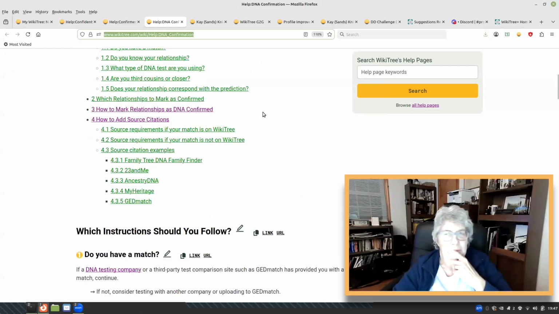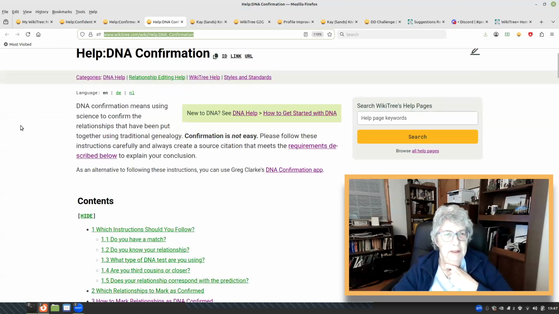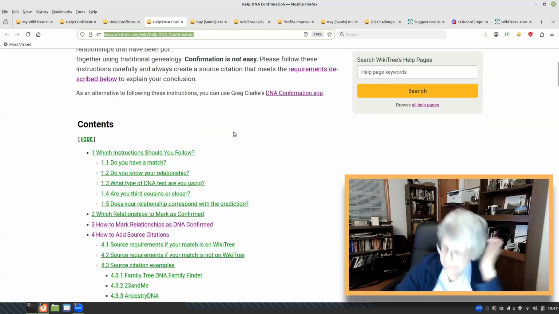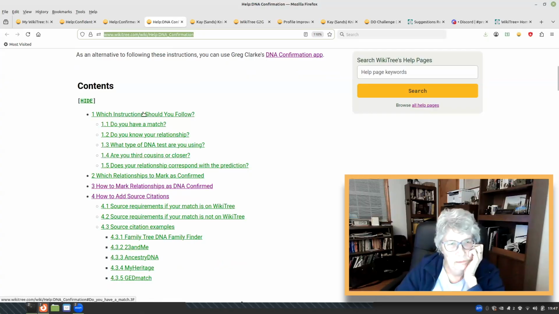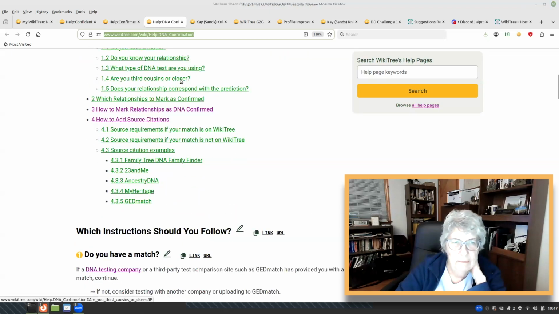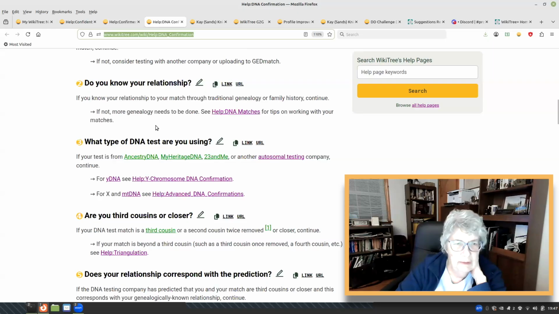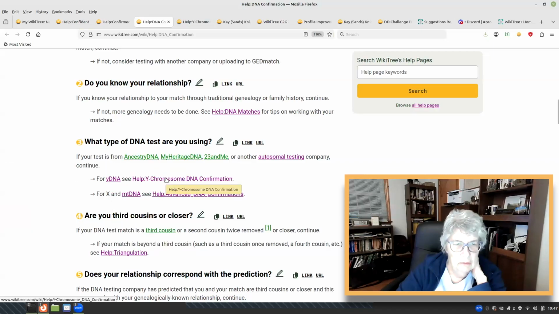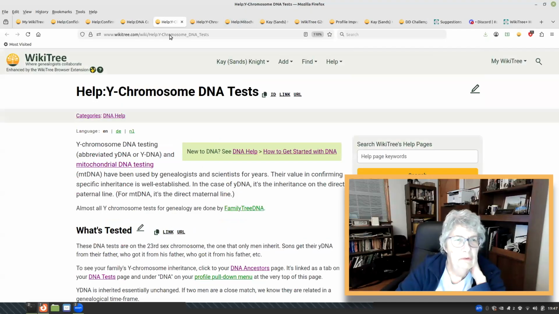So what we've got is you start from this DNA confirmation page and you read through it, and you follow the instructions and so on. It will lead you down the different types of tests, and there is a Y-DNA page and an mtDNA page.